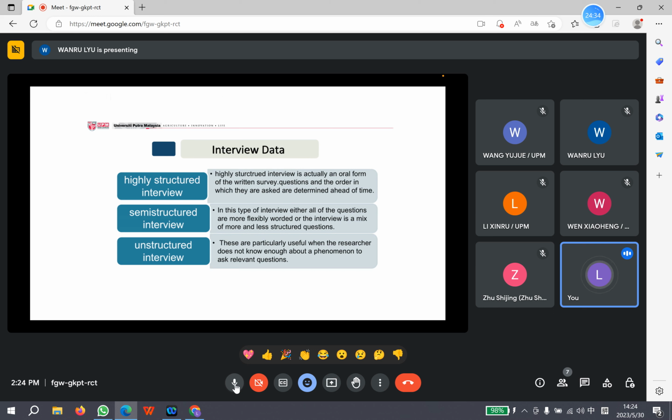In this type of interview, either all the questions are flexibly worded, or the interview is a mix of more and less structured questions. And number 3 is the unstructured interview. That is particularly used when the researcher doesn't know enough about a phenomenon to ask relevant questions.